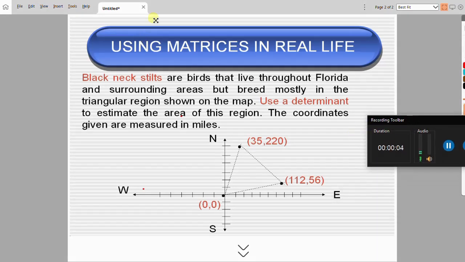In this video, we are going to discuss how to calculate the area of a triangle knowing the three points or the three vertices.